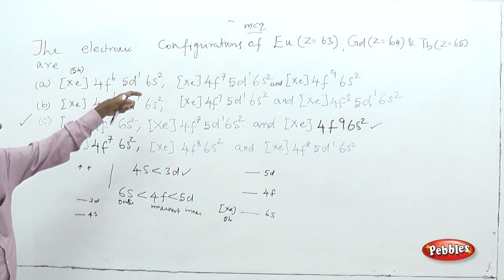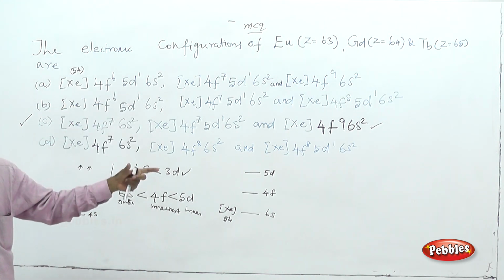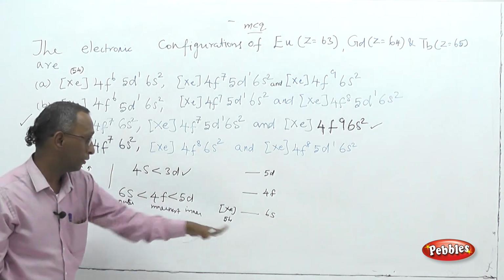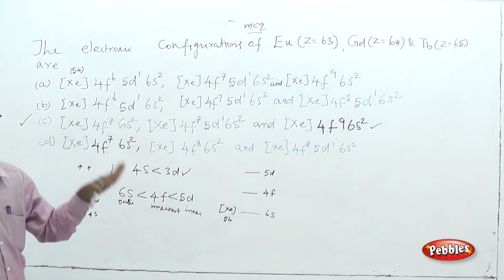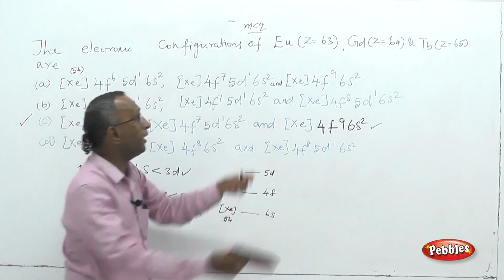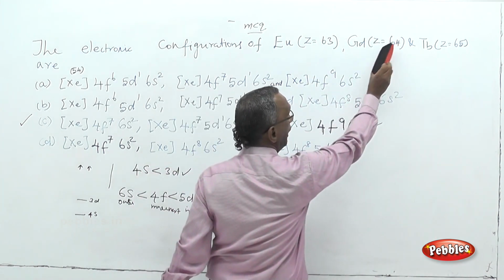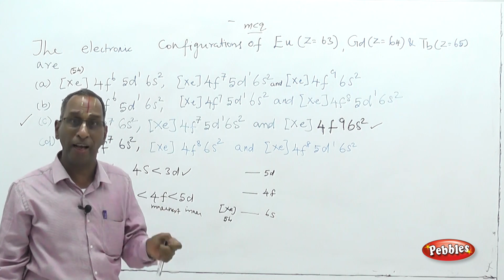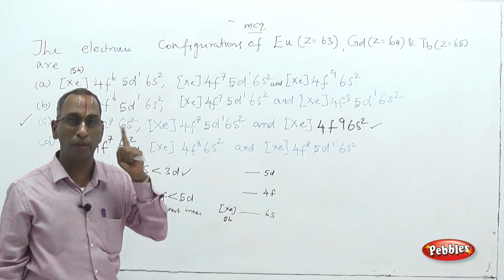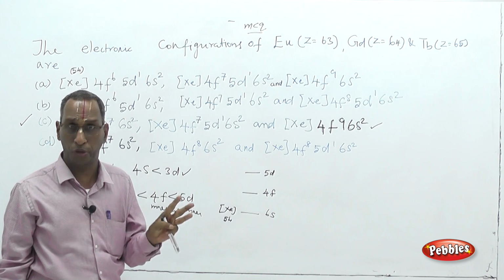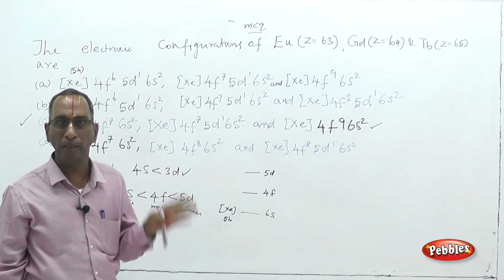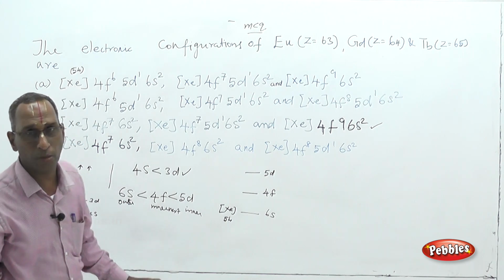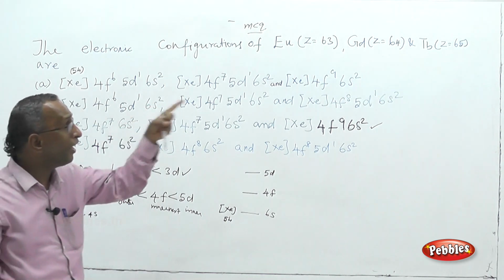We have to patiently approach the system so as to arrive at the choice. Wherever it is, Xe, 4f, 5d, 6s like that. You have to first segregate the first 54 electrons as the xenon electronic configuration. Then what happens to the remaining 9, 10 or 11 electrons? For filling up these electrons, you have to bear in mind two rules: Hund's rule of multiplicity as well as the Aufbau principle. This is with respect to the electronic configuration of heavier elements.